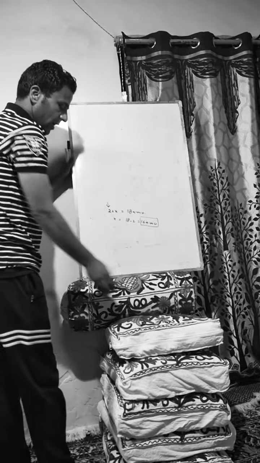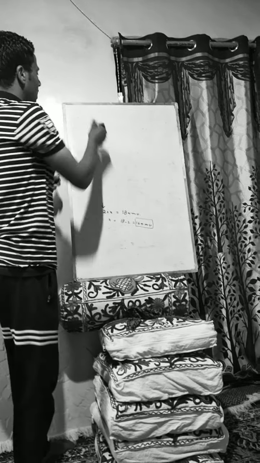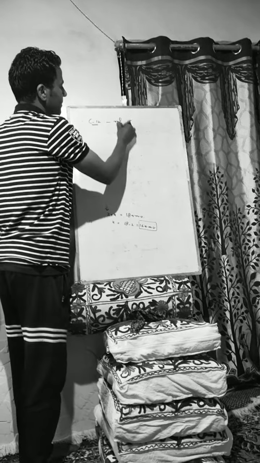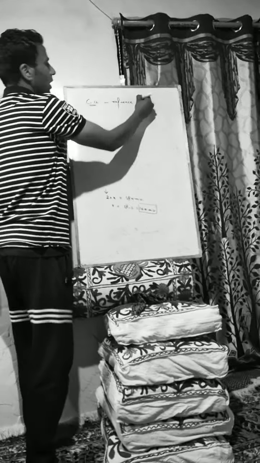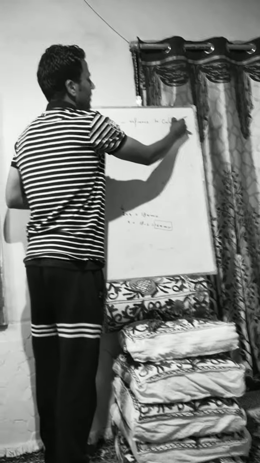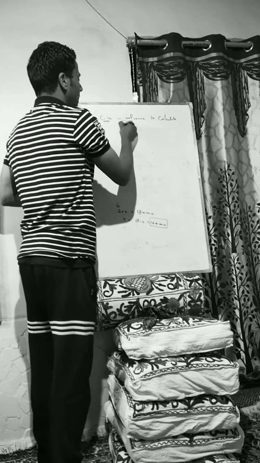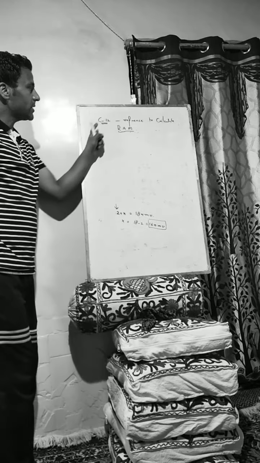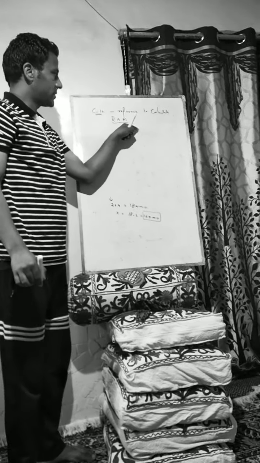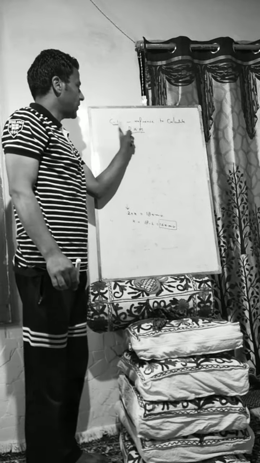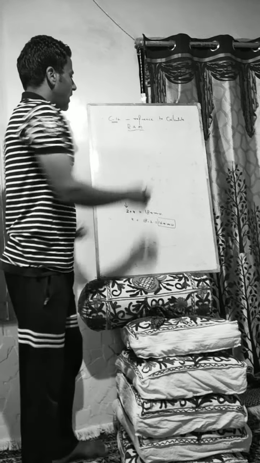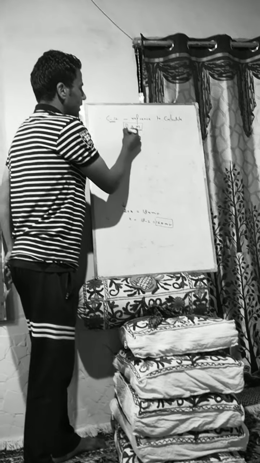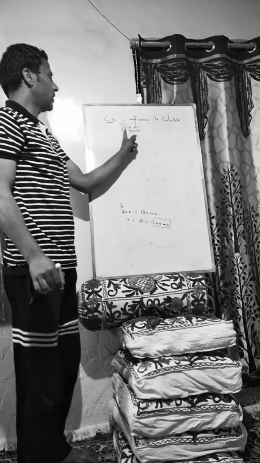Carbon 12 is used as a reference to calculate relative atomic mass. Why? Because carbon reacts with all other elements. That's why it is used as a reference, and it gives us the relative atomic mass of the other elements. We represent the relative atomic mass by RAM.